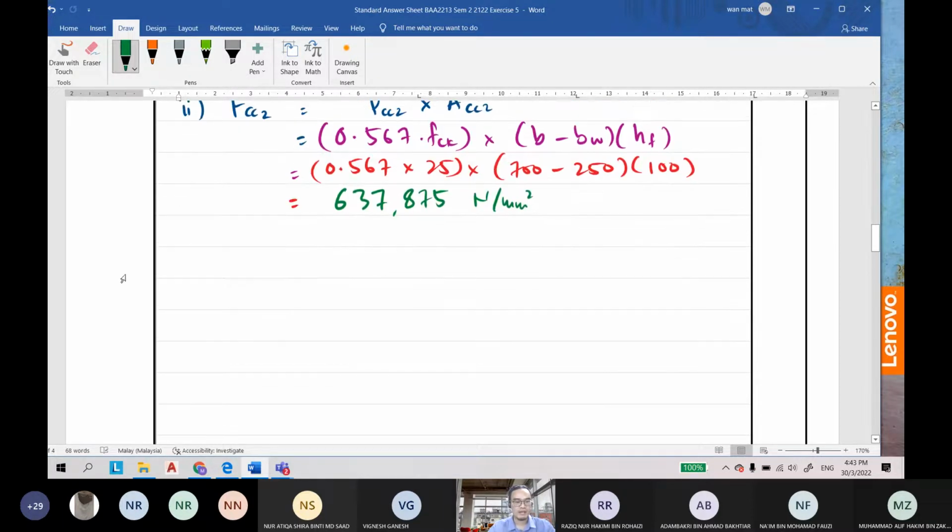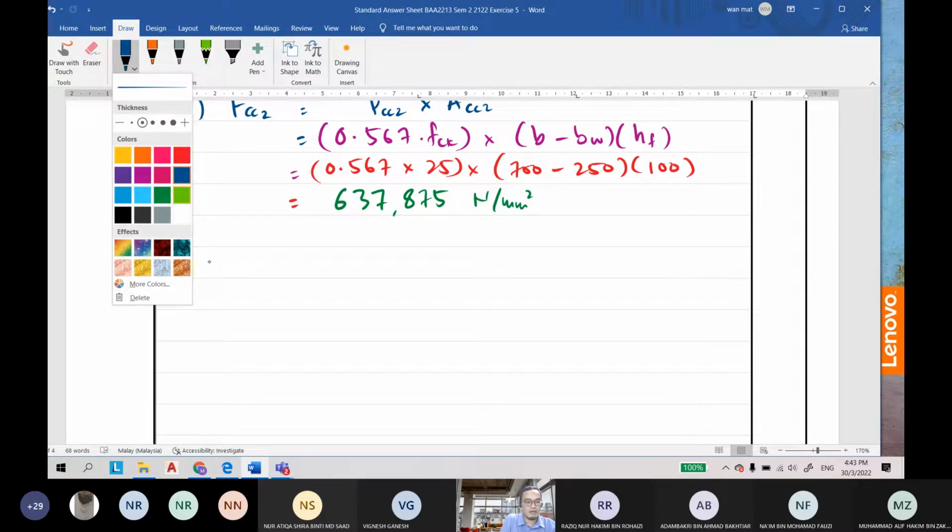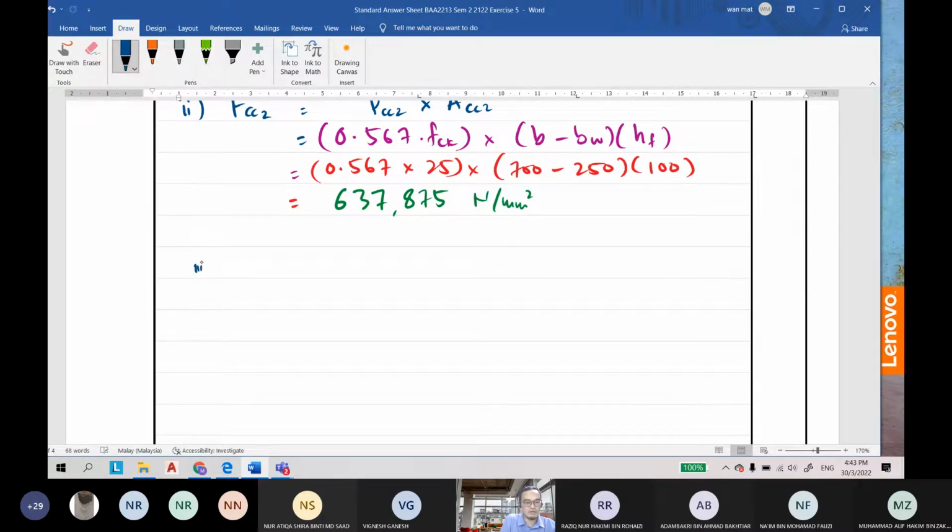The third situation is FSC, forces in steel due to compression. This is very simple: pressure of SC times area of SC. SC is the area of AS prime.